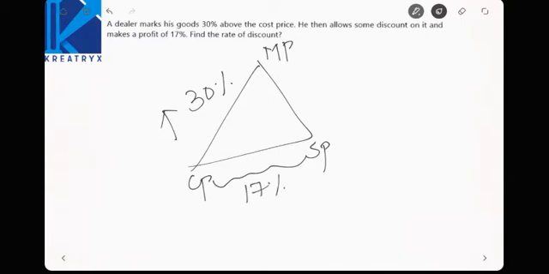Right, see here. Let us consider the cost price as 100. Now what will be the selling price here? 117. Now what will be the marked price here? Will it be 130? Right, as 30% increased.